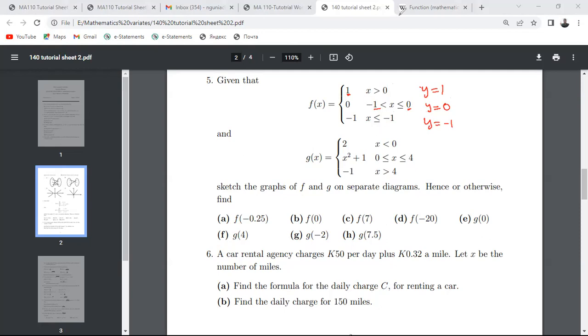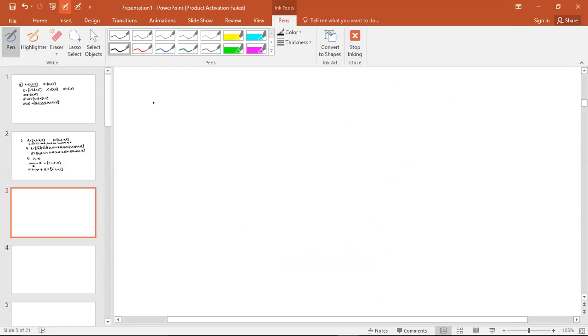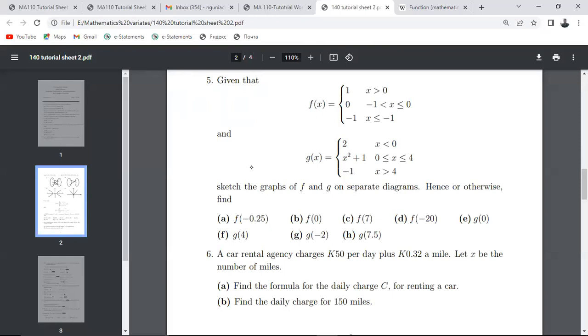So now they are saying, let's put up a drawing for this. So the given function is like this. Write it as the way it has been given. So we have 1, 0, and -1. So x is greater than 0.